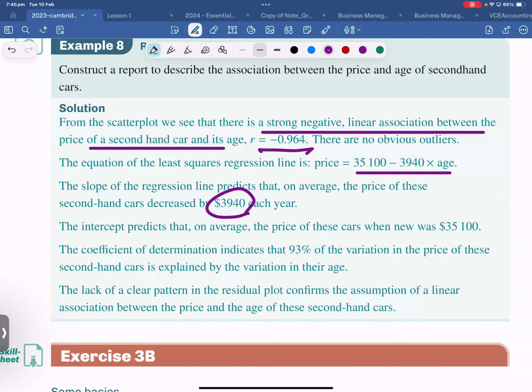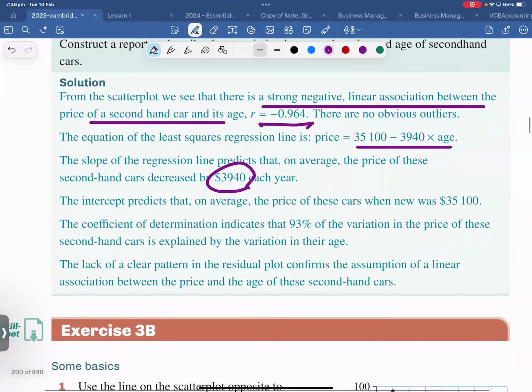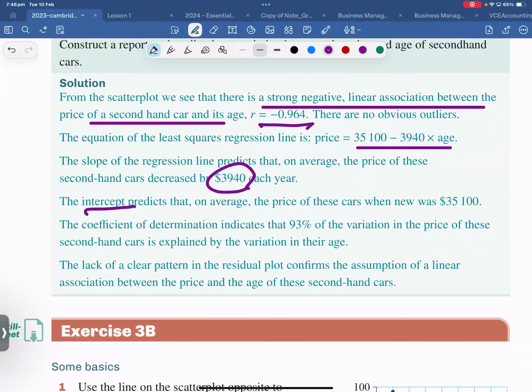What does that mean? On average, when the age of a car increases by 1 year, what will happen? The second-hand car's value decreases by 3940. Then what do you mean by intercept, guys? The price of the car when it's brand new, that is, when age is 0.